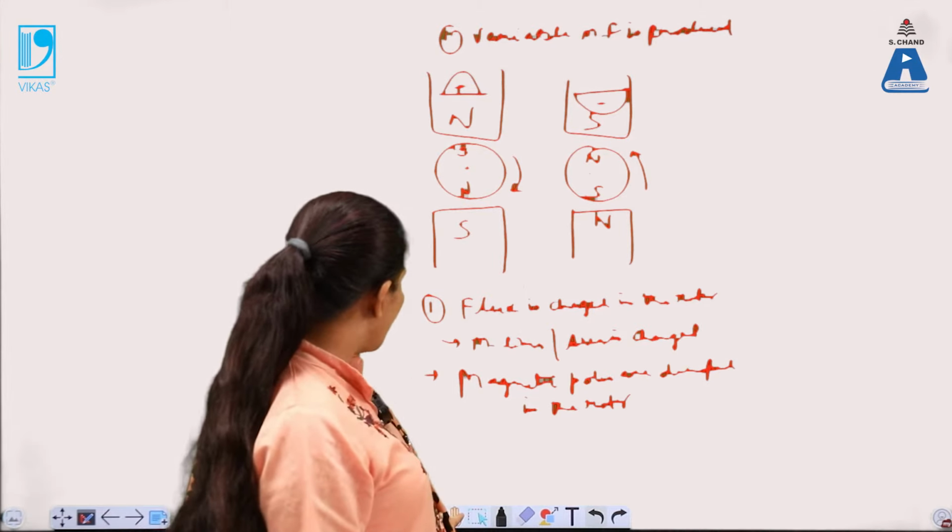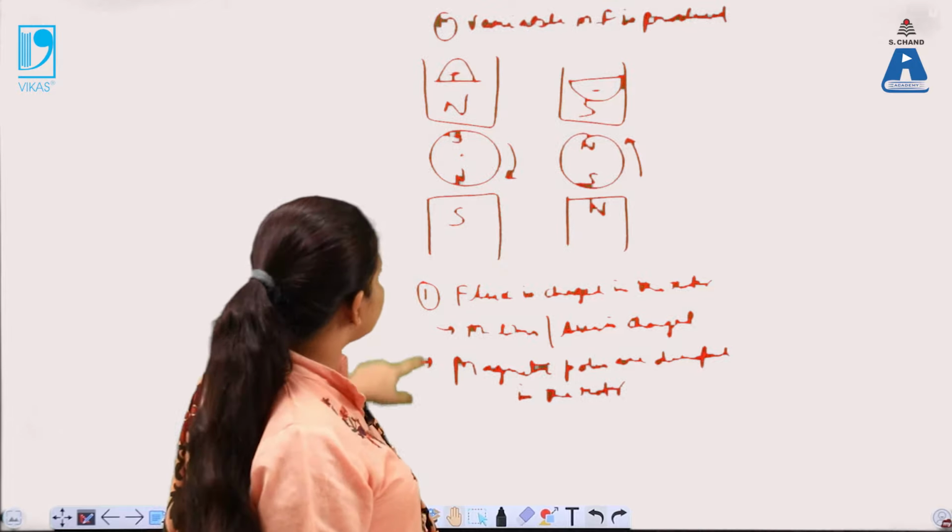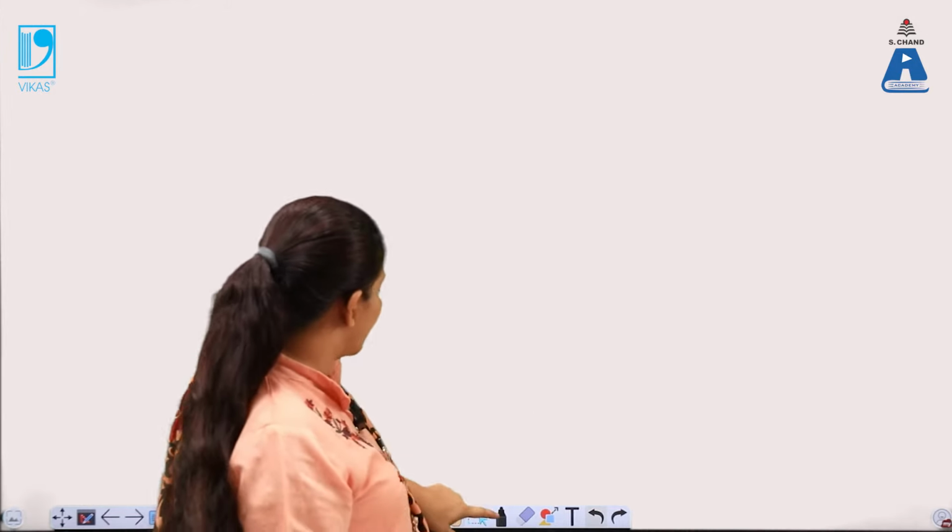So this is the main part of the single phase induction motor.